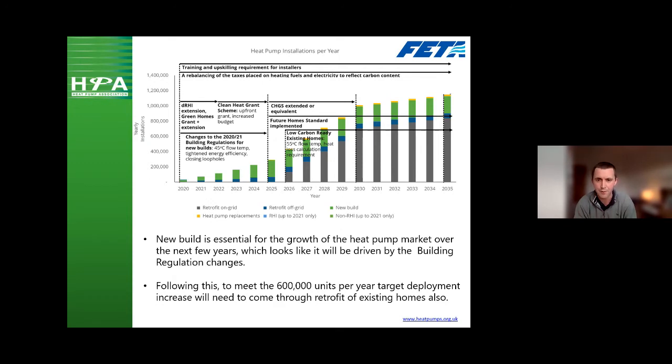And this graph is taken from the HPA's roadmap document, which we released towards the back end of 2019, where we thought about how the heat pumps can ramp up over the next few years to align with the CCC's ambitions of over 1 million heat pumps being deployed per year by the 2030s. And those of you that have got a keen eye, you'll be able to see that new build is essential for the growth at the start, and we view that that is a really key market for scaling up the market to begin with for heat pumps. Next slide, please.